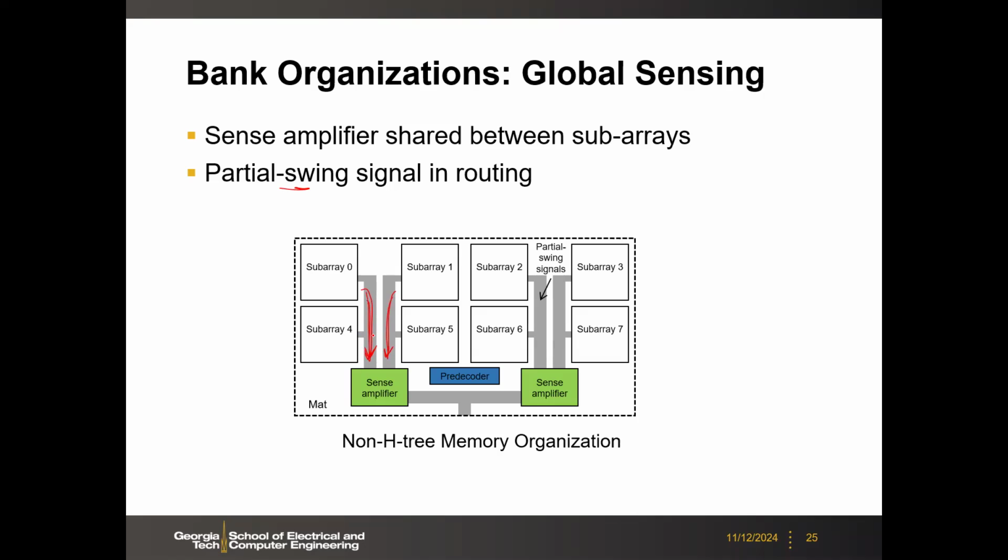Of course, that may have some side effects like distortion or RC delay for this analog signal along those wires. But the benefit is to save the area because now you only need 2 sets of sense amp in this case.